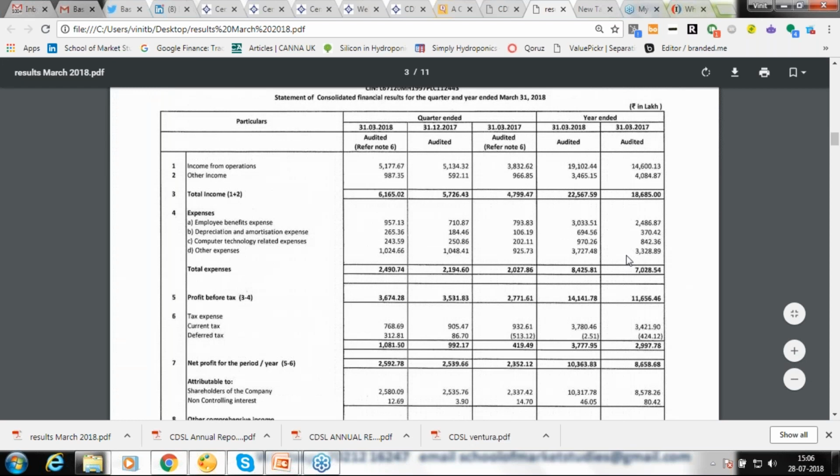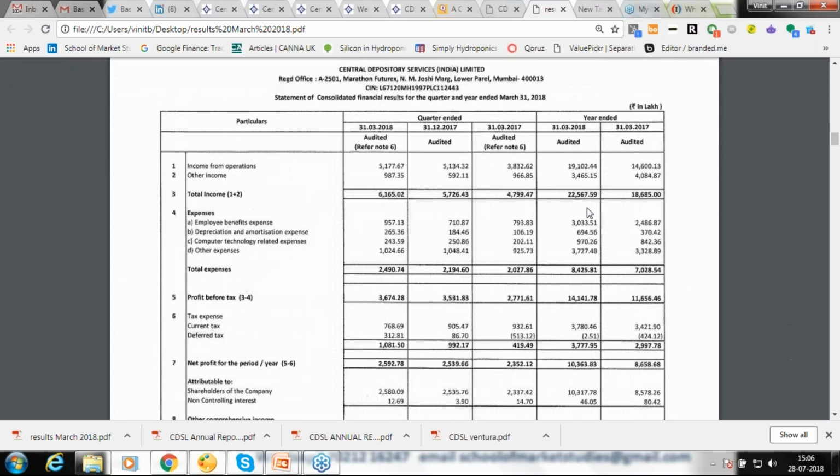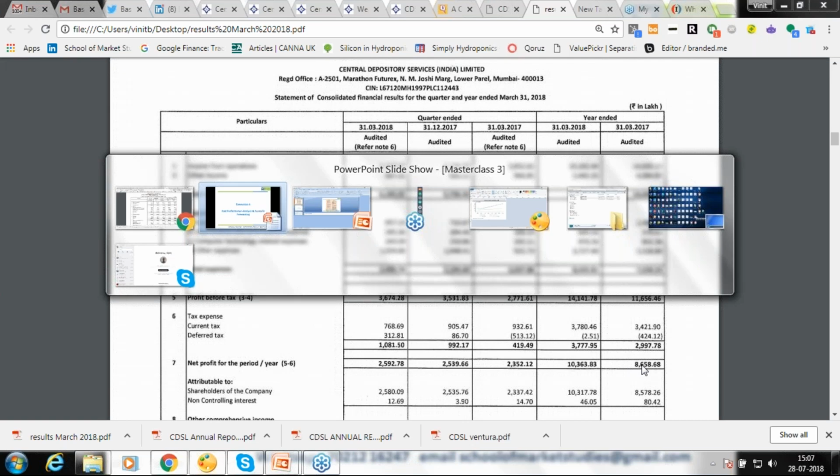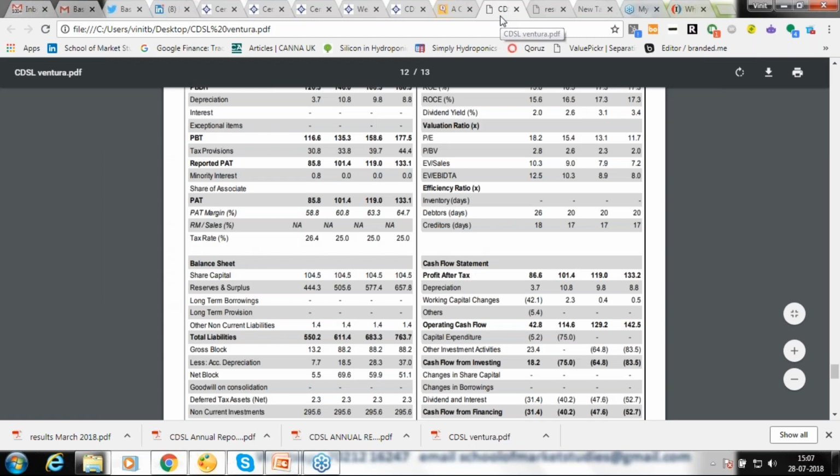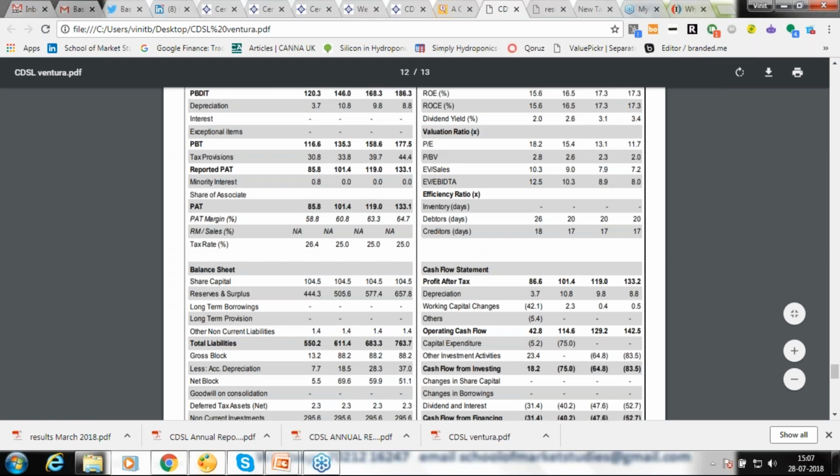So the year ended with a total income of 225 crores versus 186 crores, right? And your PAT was about 103 crores versus 86 crores. So just let's go back to our this thing. So we are talking of 225 and 103, right?